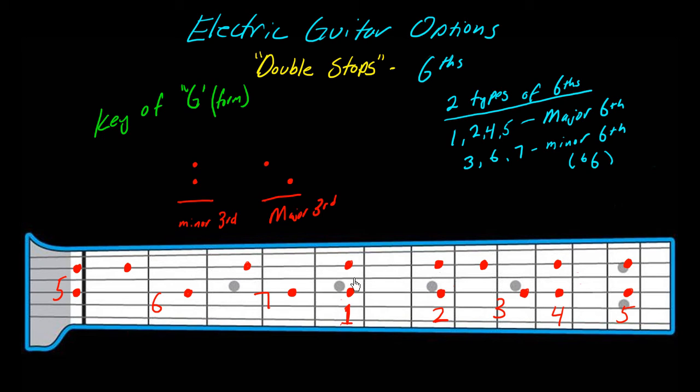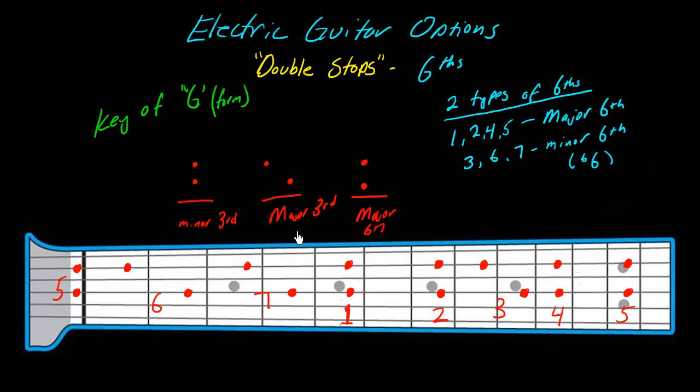But the one thing I want you to notice, look at this. Now, you remember we looked at chords 1, 2, 4, 5 are the major. So when you're looking at sixths, this position, which when we were looking at inverted thirds was the minor third, it flips. Now this is the major sixth.